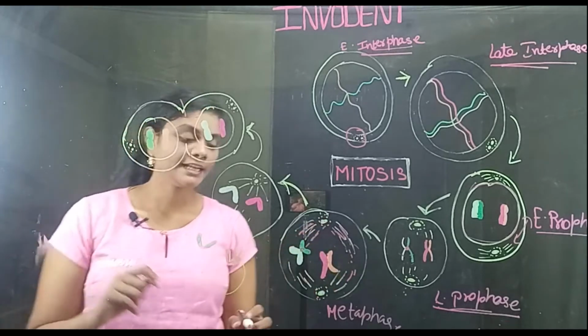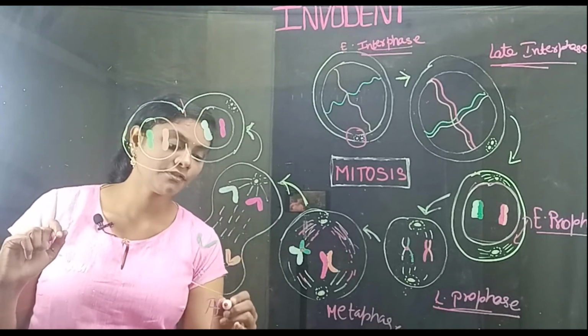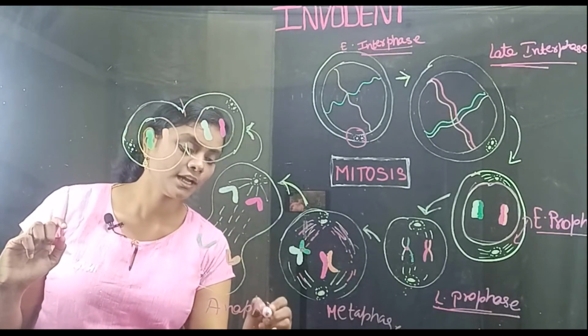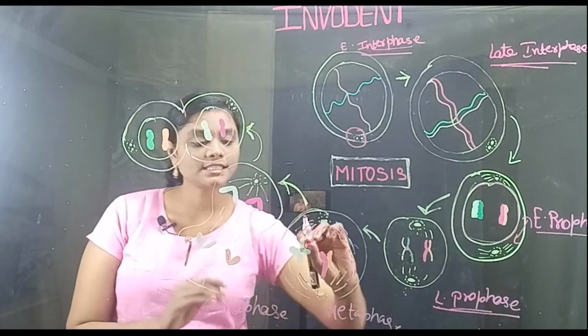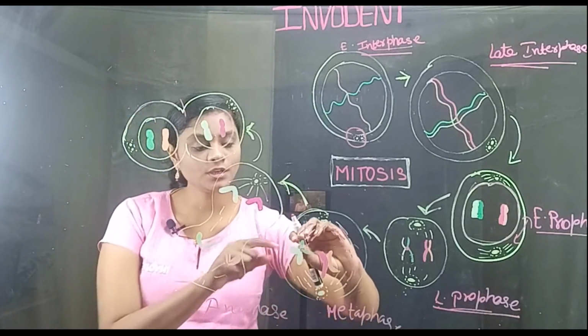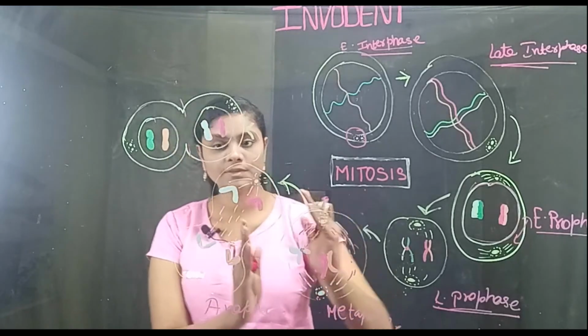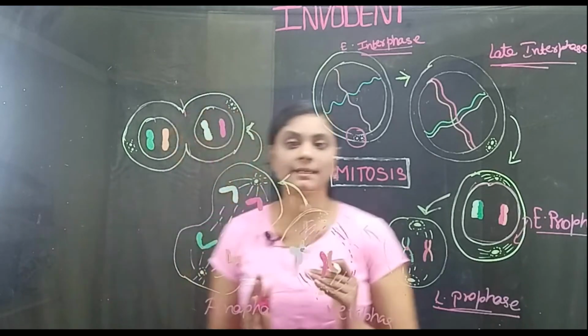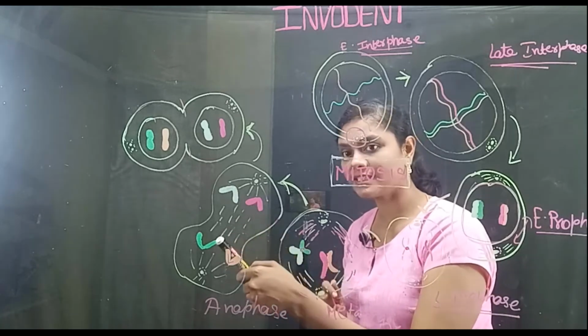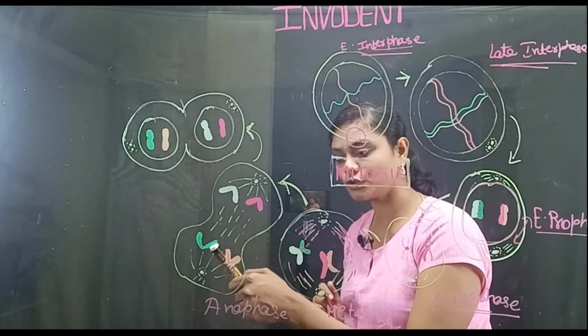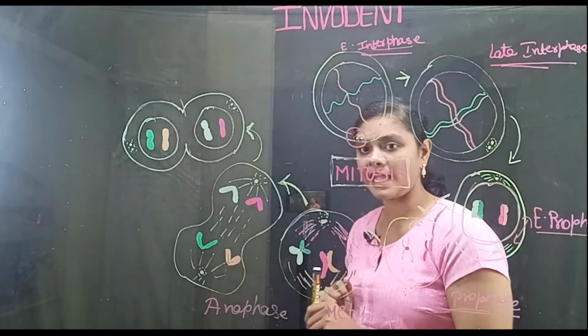And what happens in the anaphase is that when these spindles get attached, they start splitting. This longitudinal split of the chromatids of individual chromosomes is taking place in the anaphase.